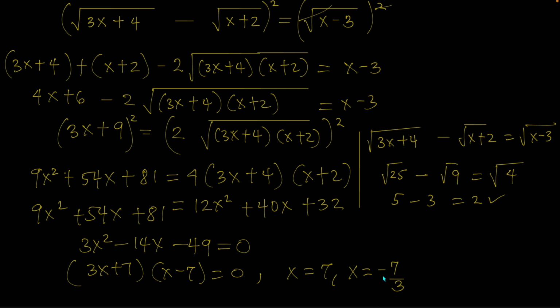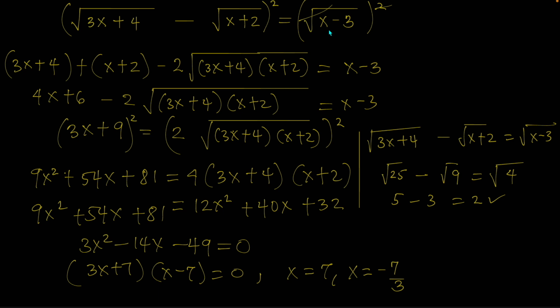Now looking at the second result, we can see that it doesn't answer the question. If you put that here, what you have under the root still remains positive. If you put it here, however, what you have under the root is negative, and we cannot have a negative sign under the radical sign in this case, because that will be a complex number.